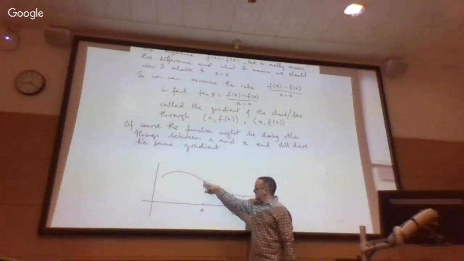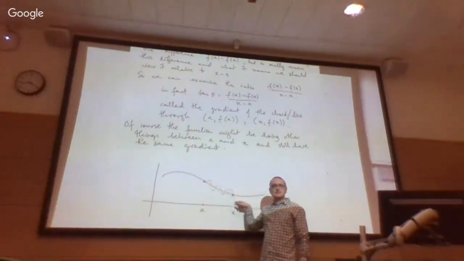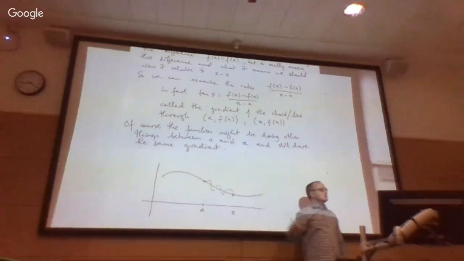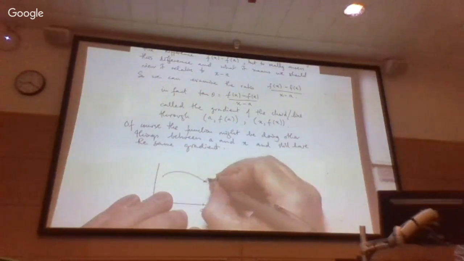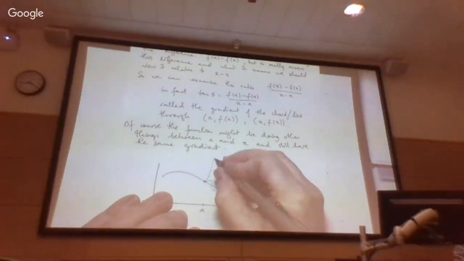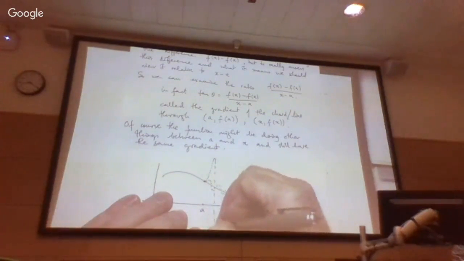It only captures its value at A and its value at X, and it forms a ratio, the ratio of those changes, and that is the gradient of the straight line drawn between these two. The function might suddenly increase extremely fast and decrease extremely fast.